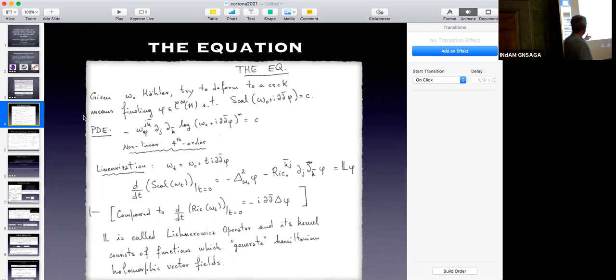So an element of the kernel, which is just a function, because I'm using the scalar ∂∂̄φ, lies in the kernel if it generates, as a Hamiltonian, a holomorphic vector field. So the compatibility between symplectic and complex lies in these words here.